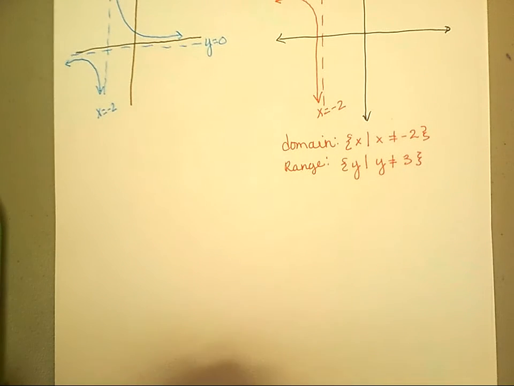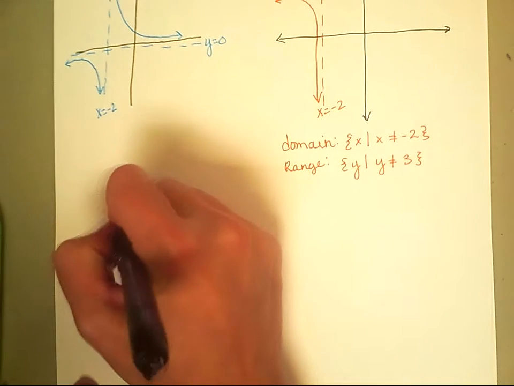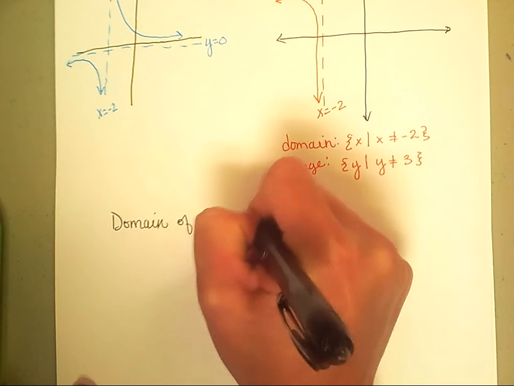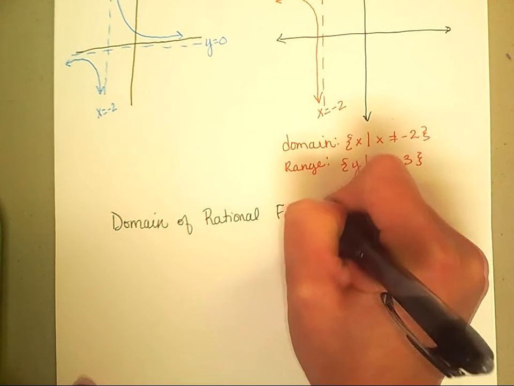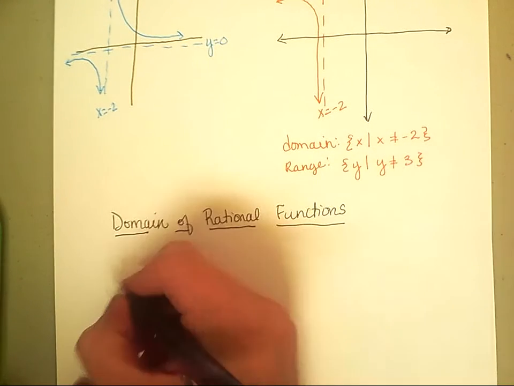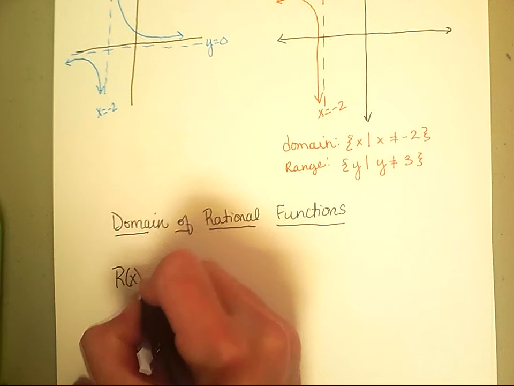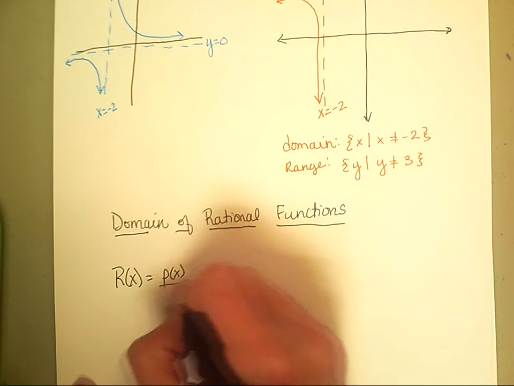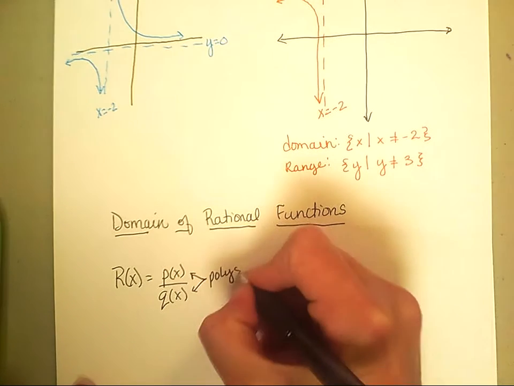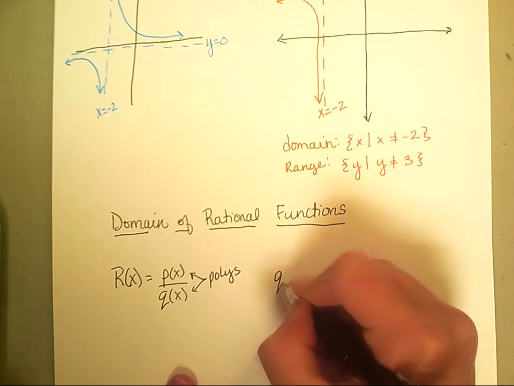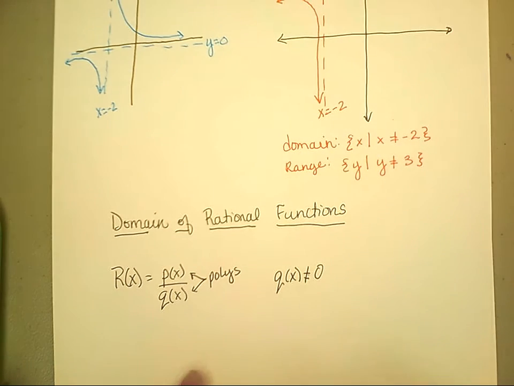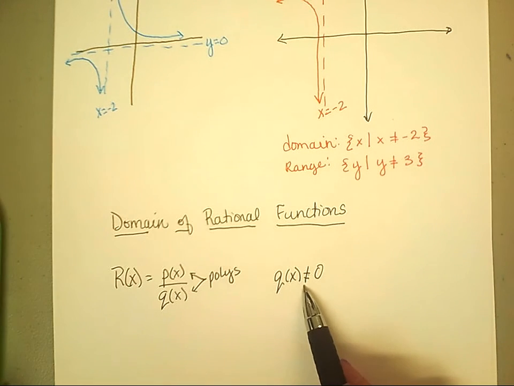So in general, when we're talking about the domain of rational functions, the only values we have to exclude, now remember a rational function can be written as some p of x over q of x, where these are both polynomials, and that the denominator, whatever that function is, cannot equal 0. So this is what we have to worry about in domain.